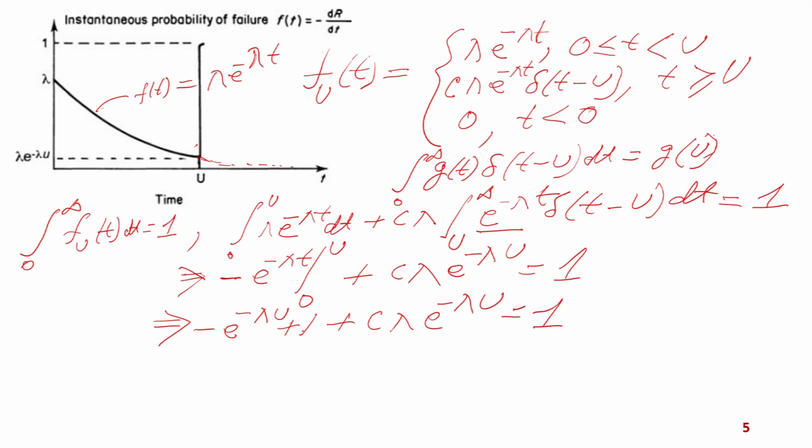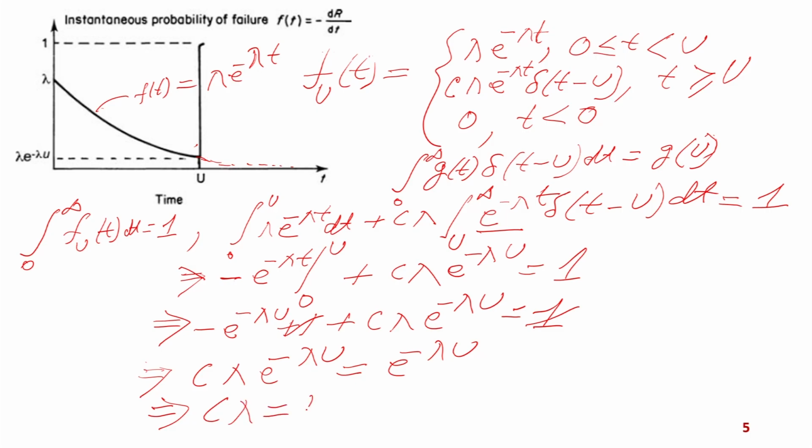So, this 1 and this 1 will go. So, c(lambda) e to the power minus lambda u is equal to e to the power minus lambda u, which gives me c(lambda) equal to 1.